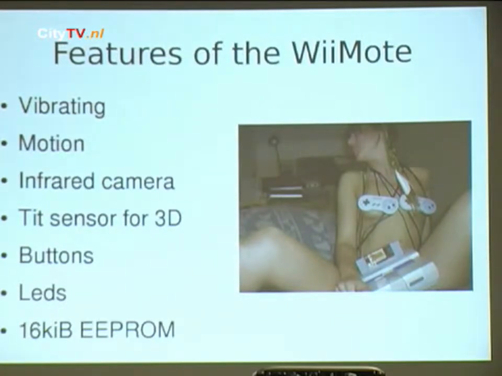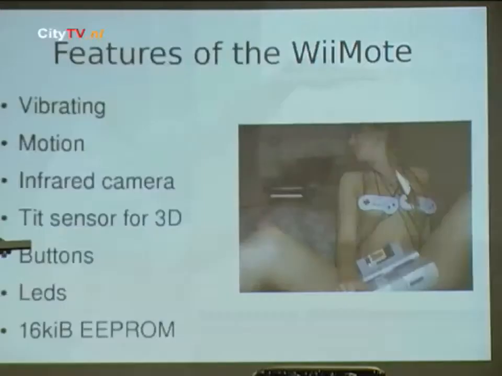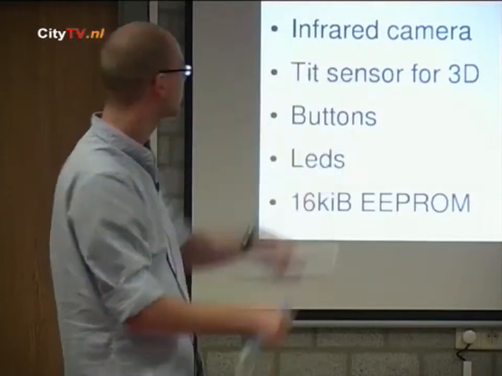It knows if you're moving it. It also knows the angle because of the size of the LED. If you look at it like this, this LED will surely be brighter than this LED. So it knows the angle. It knows if you're holding it like this, through the tilt sensor and through the LEDs.